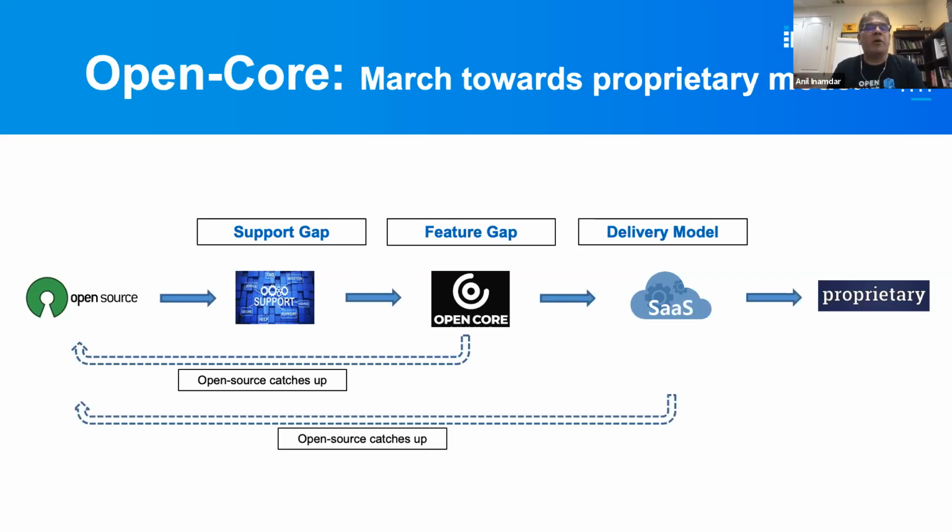Same thing with the delivery model. They may not have a cloud delivery model right now, but in the future they will attempt to have that as well. So the gist is that open core continues to march towards proprietary, while open source always fills those gaps and always remains open source.